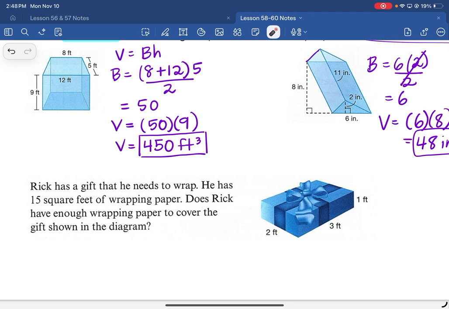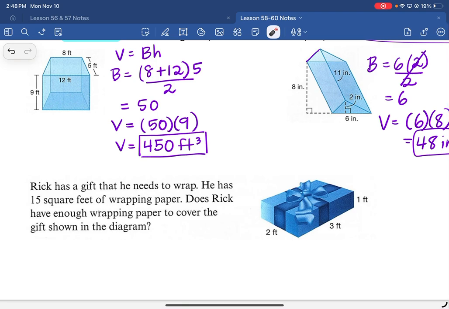You were right about the 10. Now what's the area of the top and bottom together? After you did the lateral of 10, you have to do the 2 bases and then add those together. So what's the area of the base? 2 by 3, so 6.